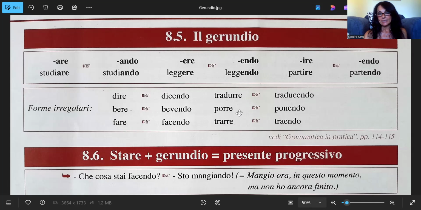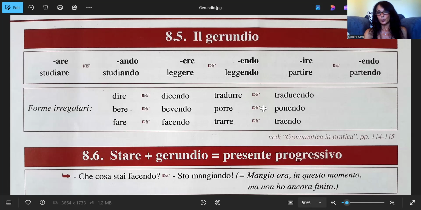Here we have some other examples used a lot less. You may hear, because of studying languages, tradurre, which is to translate. It is in general an irregular verb anyway, and in the gerundio it will be traducendo. Porre, which is mainly used in written or more formal language, is another way to say to put, mettere. Normally you would use mettere.